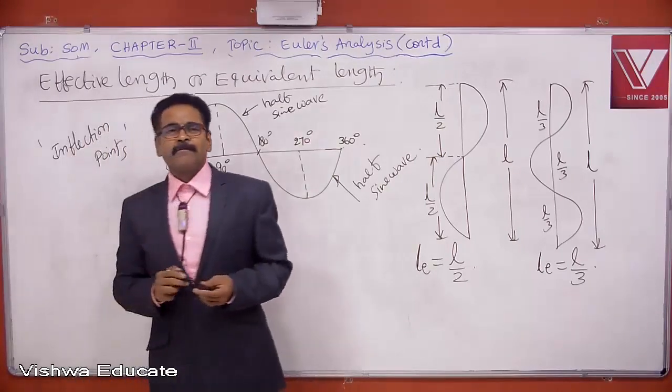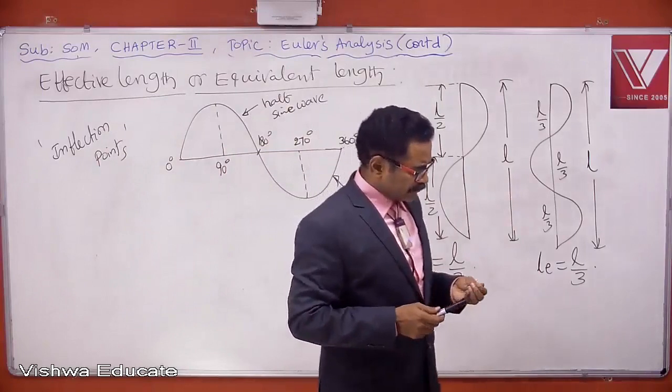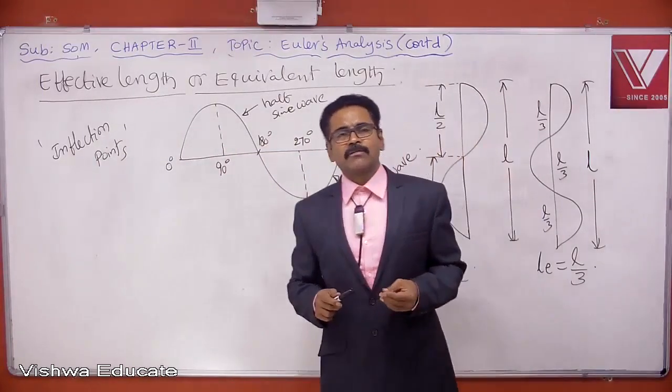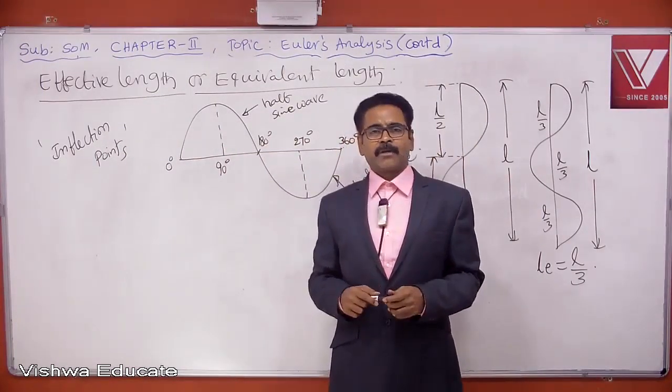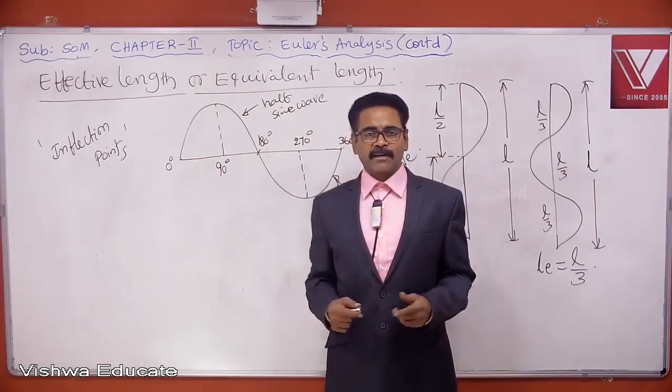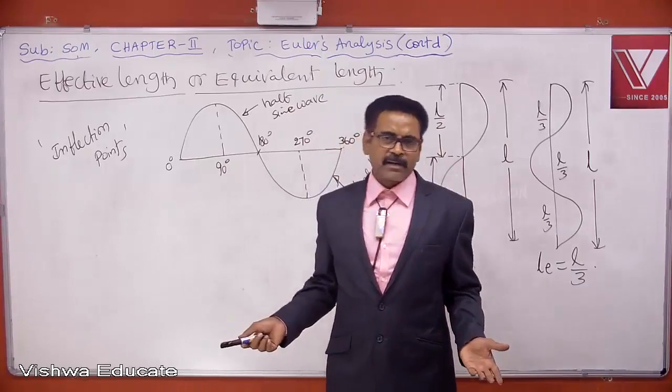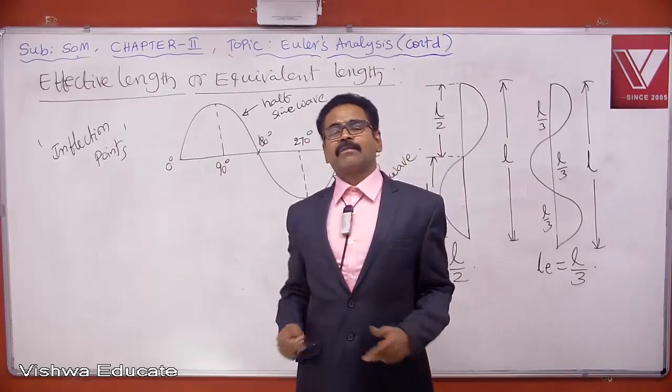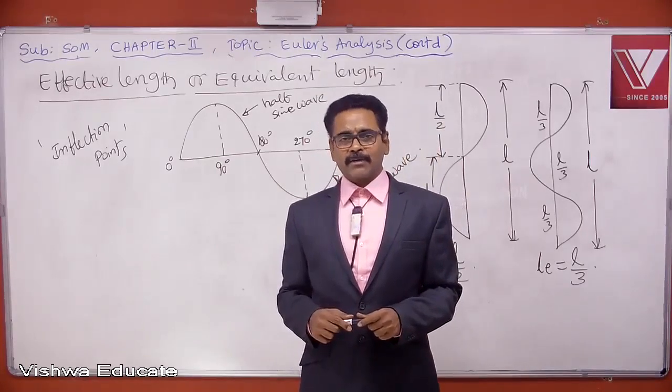Distance between two consecutive inflection points. In beams, we call this inflection point as point of counterflexure. In columns, we call this point as inflection point. What is this inflection point or point of counterflexure?